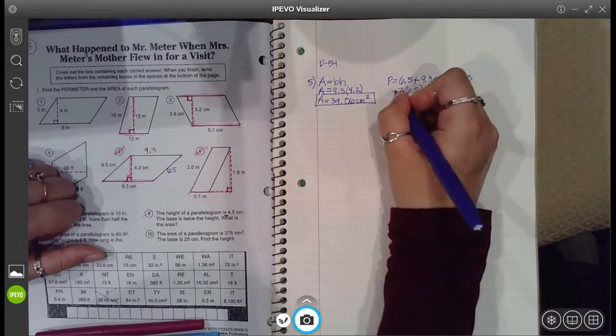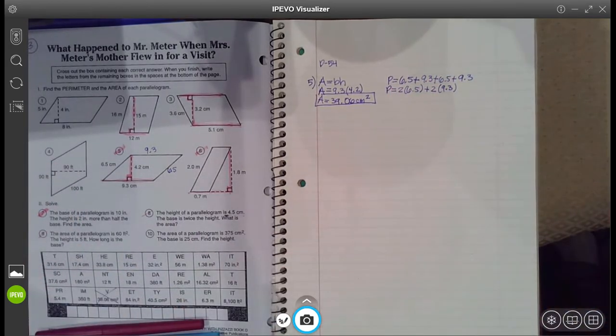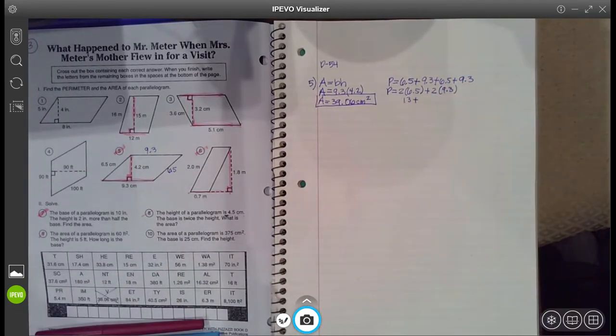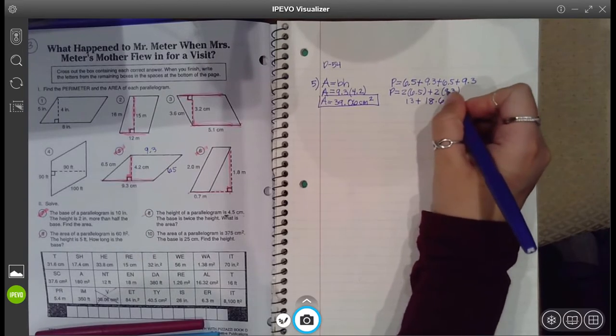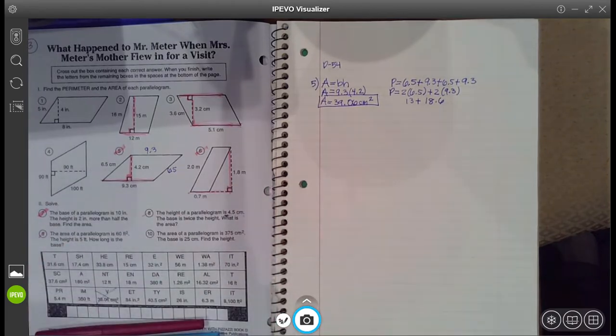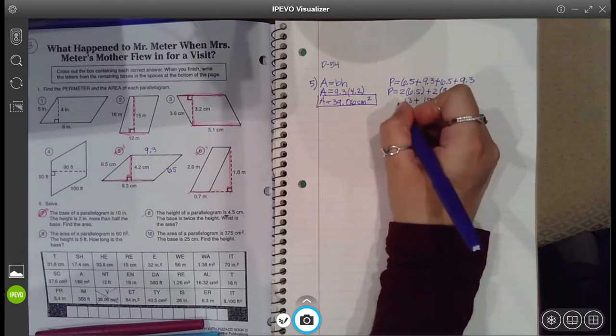However you want to do it, just note that you're going to type them all into your calculator. I like to go 6.5 times 2 and find that amount, plus 2 times the 9.3, find that amount. Now I'm just going to add those two numbers together. And that equals my total sum, 31.6.